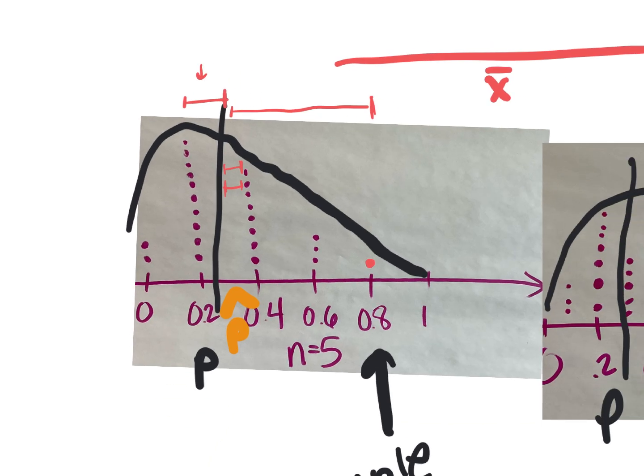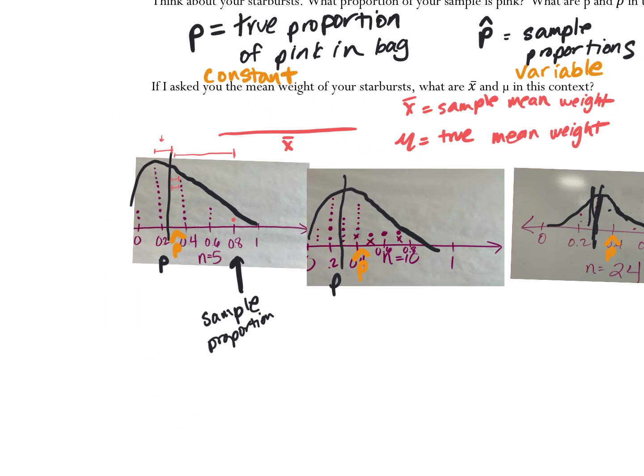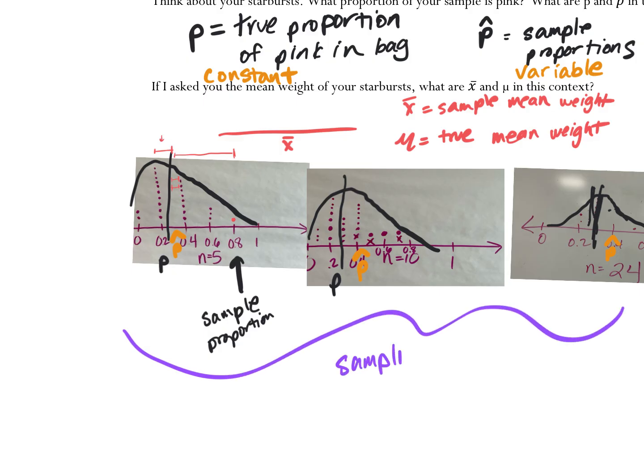So, these distributions are what we call sampling distributions. That is a distribution created from lots of sampling. And the standard deviation of those, we don't call it the standard deviation, we call it the standard error. What is the average my sample is away from the true value?